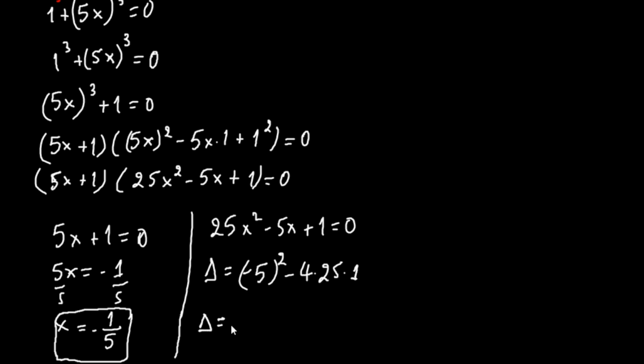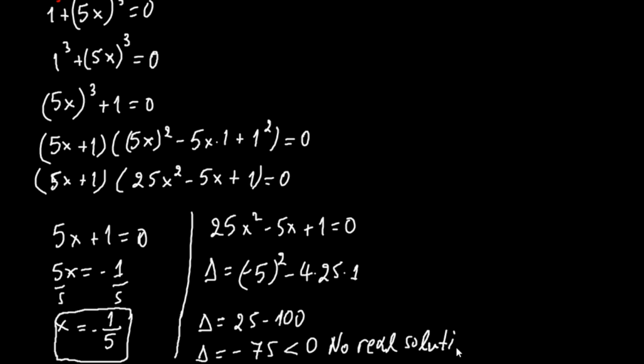So this becomes minus 5 squared is 25, minus 4 times 25 times 1 is 100. So the discriminant is minus 75, which is less than 0. So here we have no real solutions. So our only real solution is x equals minus 1/5.